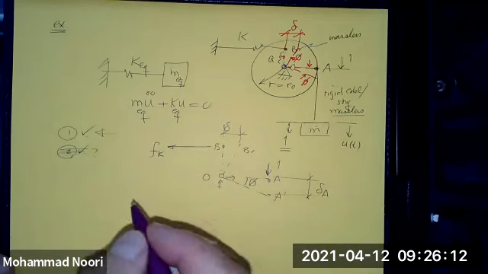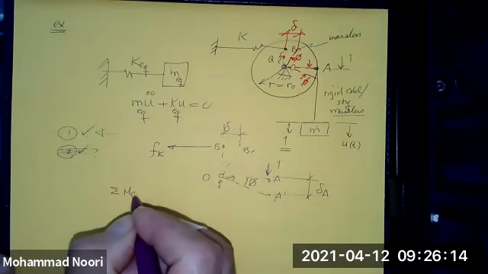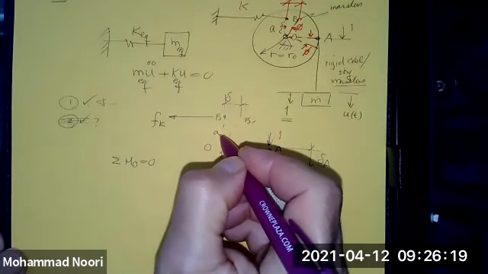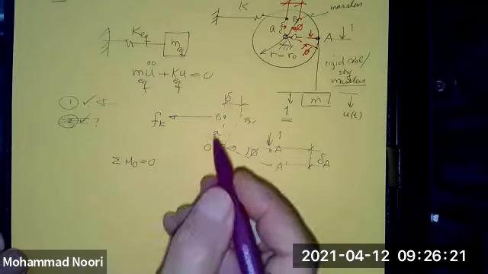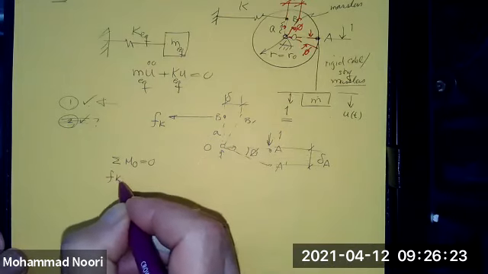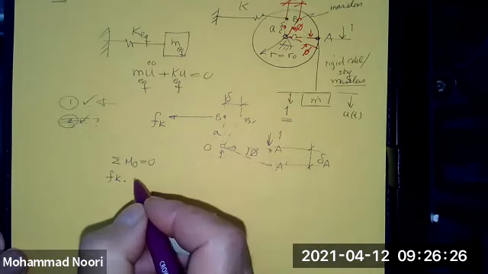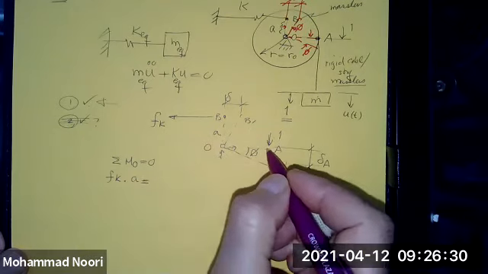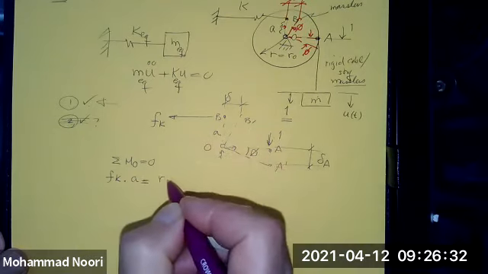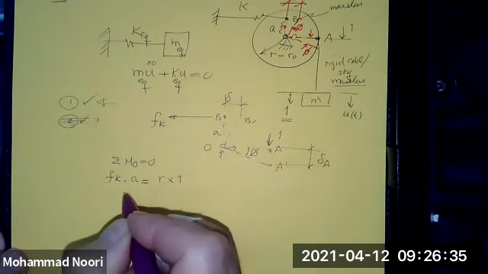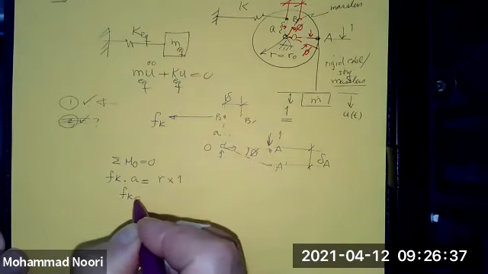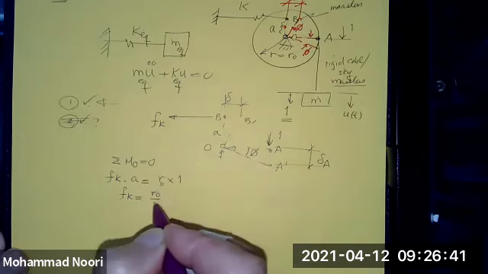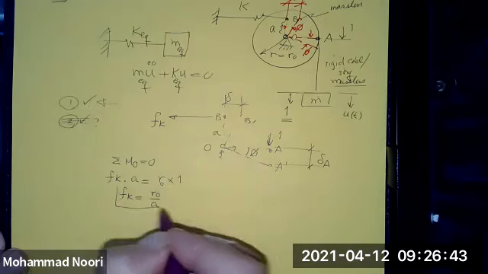But let's do that. So I will take summation of moments about point O here. This distance is a. So I have the force in the spring times the moment arm a is equal to this distance times this force, which is 1. So in other words, force in the spring comes out to be r naught over a.